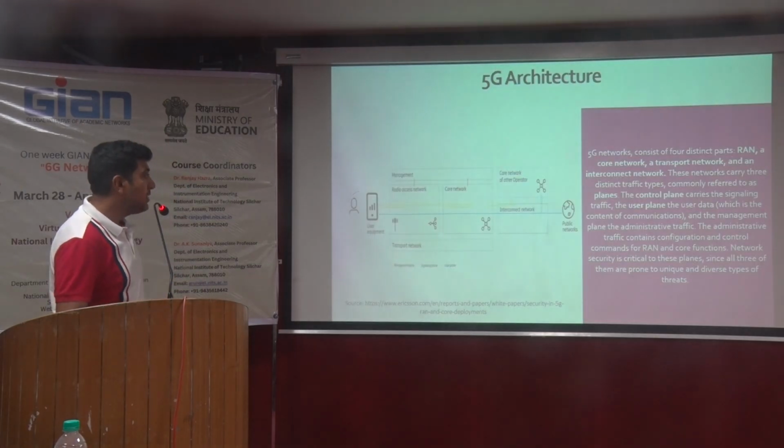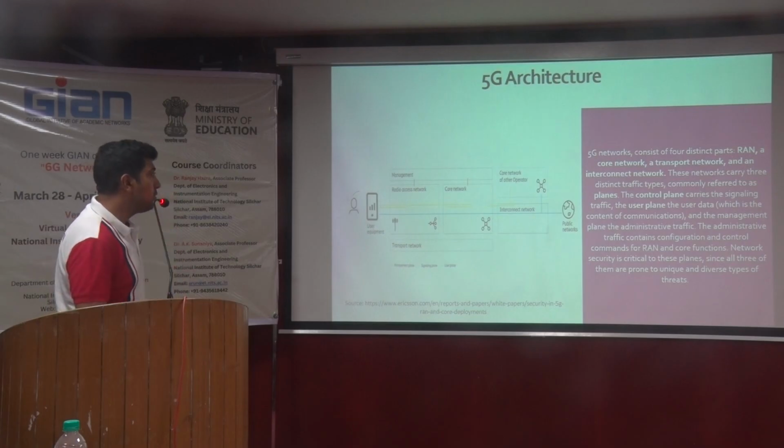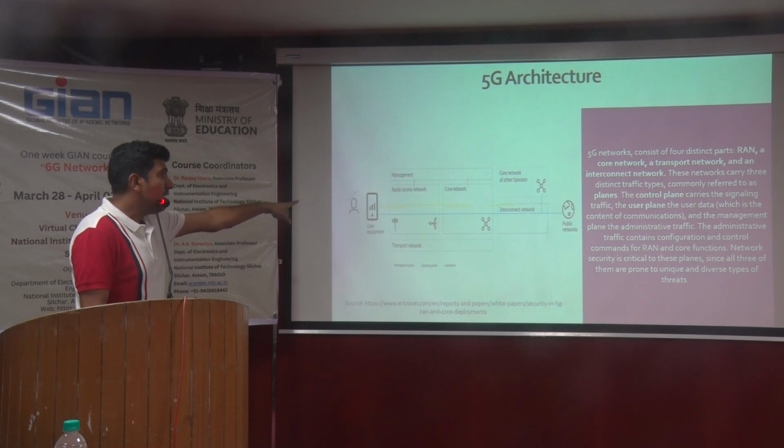Talking about the 5G architecture, the most important thing you will find in any 5G architecture is the main components: your core network, your radio access network, your transport network, and your interconnect network.